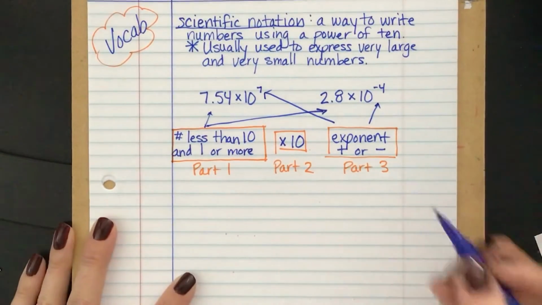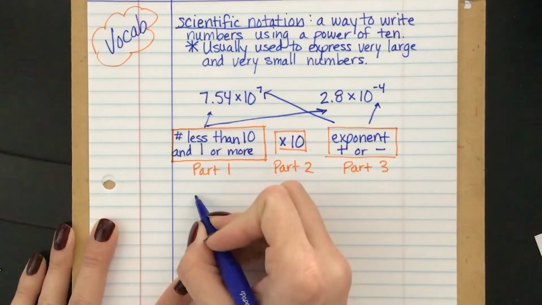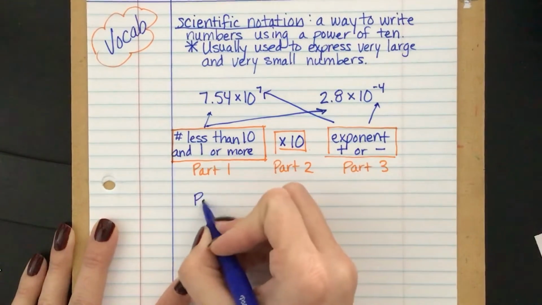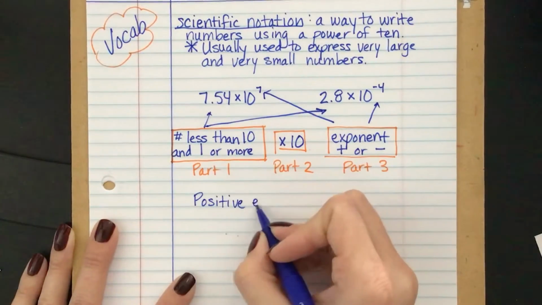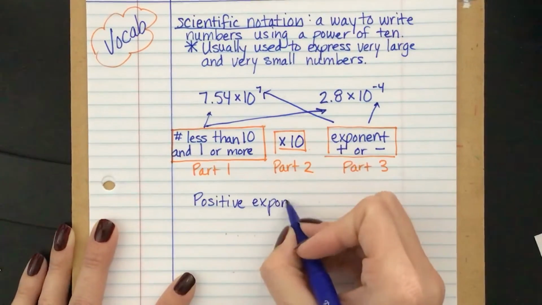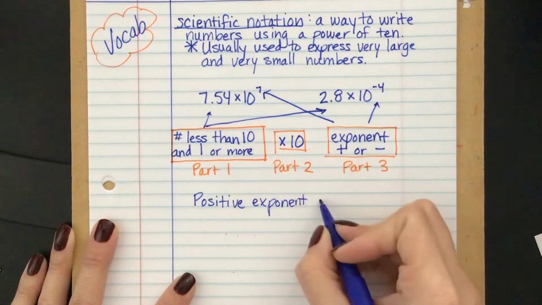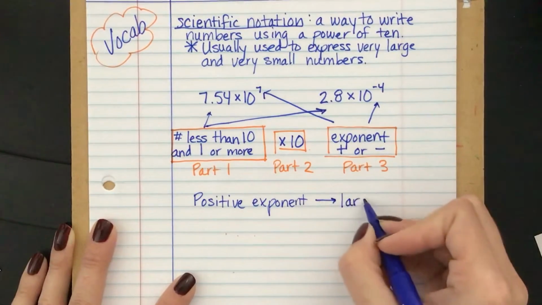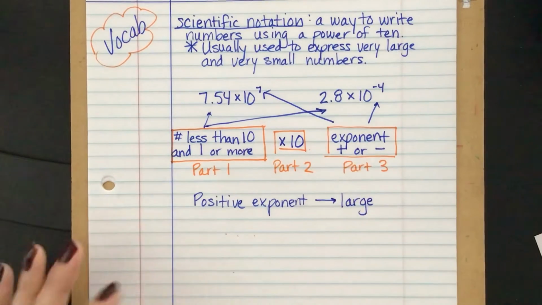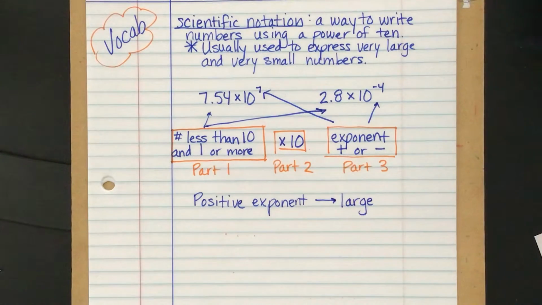Now it's important to note that a positive exponent means that the number is big. It is a large number. So when we were talking about the diameter of the hula hoop and then we zoomed out to the galaxies, that was a big old positive exponent.